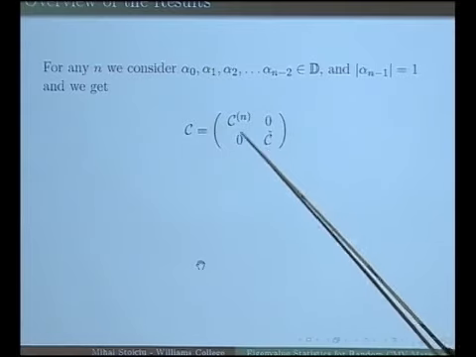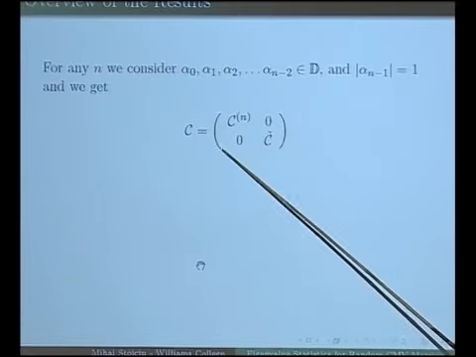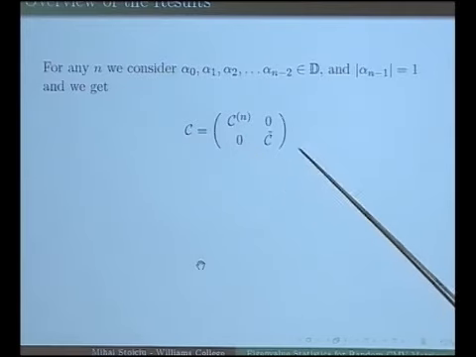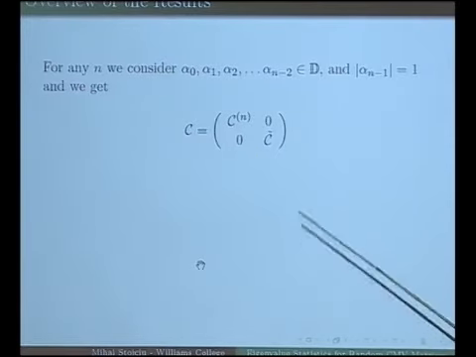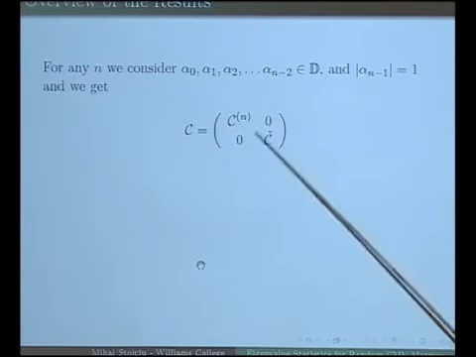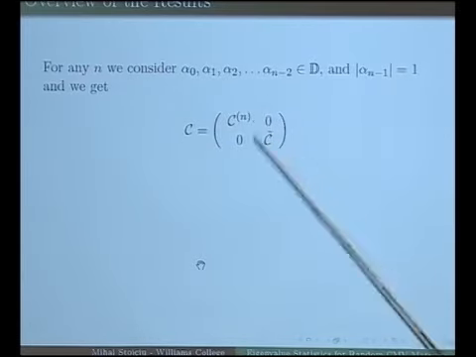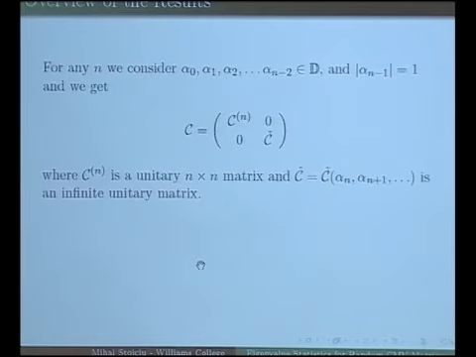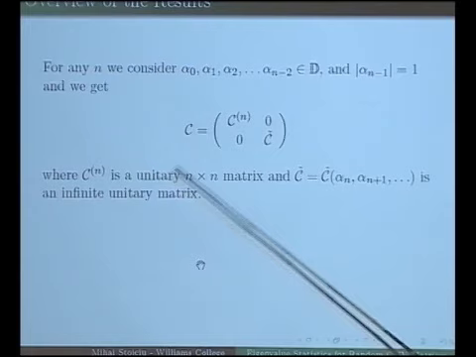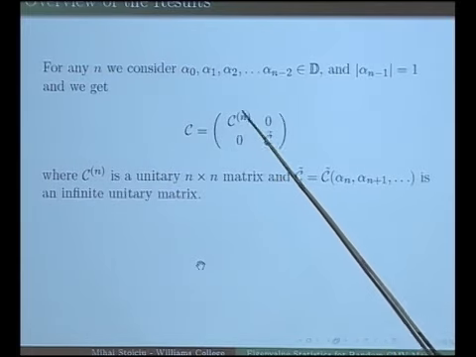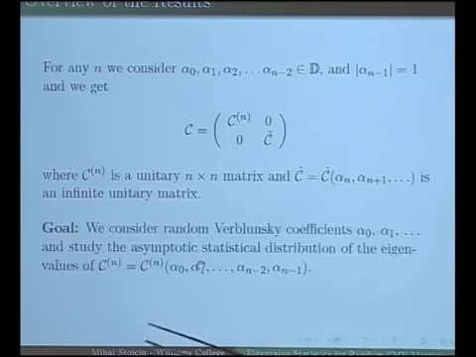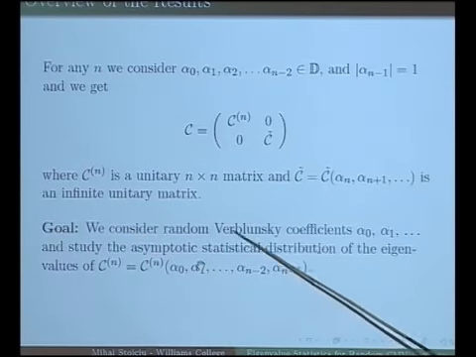So if I impose the nth Verblunsky coefficient to have absolute value 1, then this infinite unitary matrix will decouple into a finite n by n unitary matrix and the rest. So we have to be careful how to decouple this matrix.